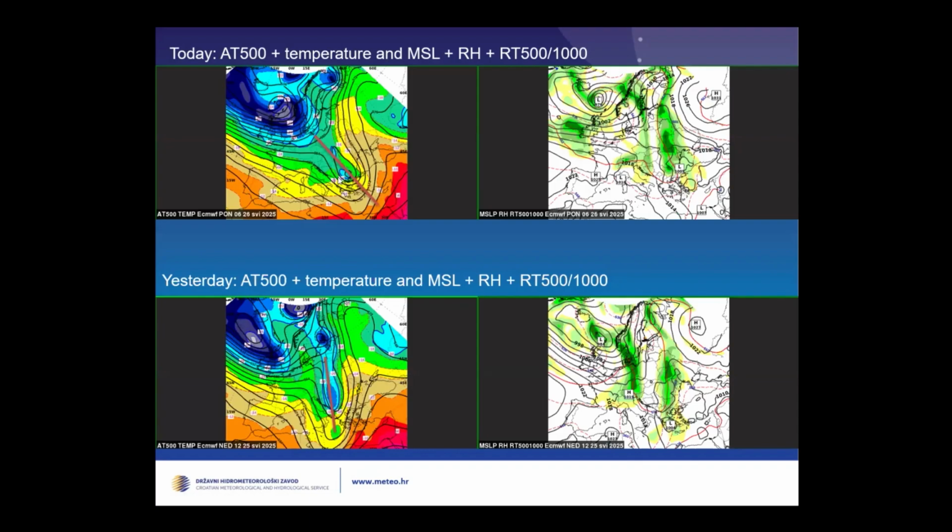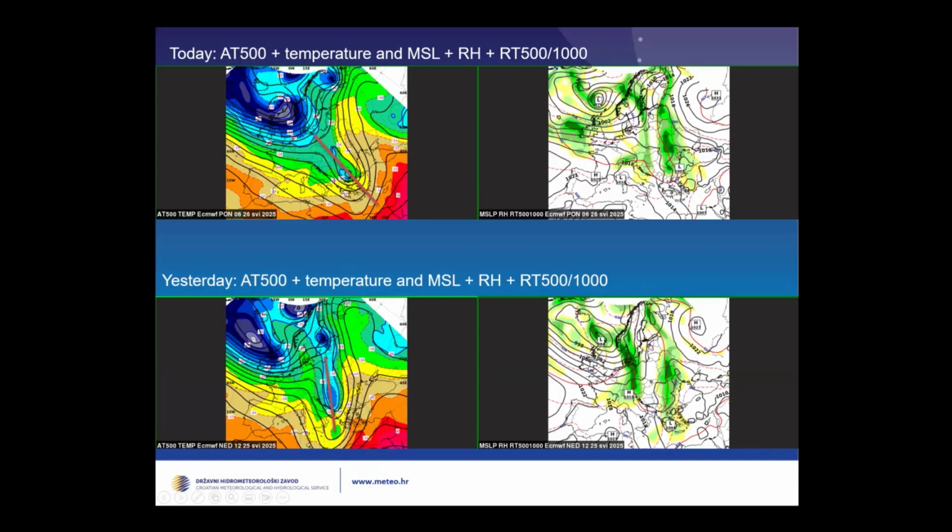Okay, so the systems were a bit different yesterday. If we compare it, the upper one is from today and the lower one is from yesterday. The trough was a bit more towards Croatia and it was more straight up. It wasn't so leaned towards the west.